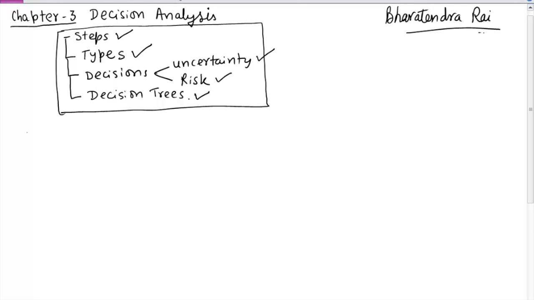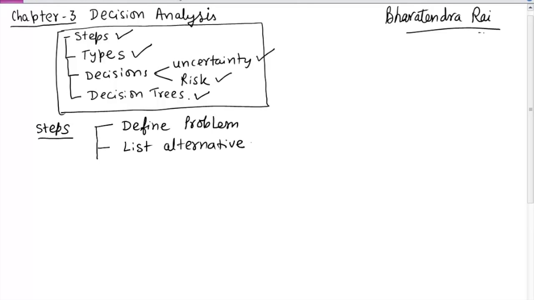Some very general steps involved in decision analysis. So it always starts with defining a problem. So it has to be very clear what exactly we want to analyze, and then we list different alternatives that may exist.